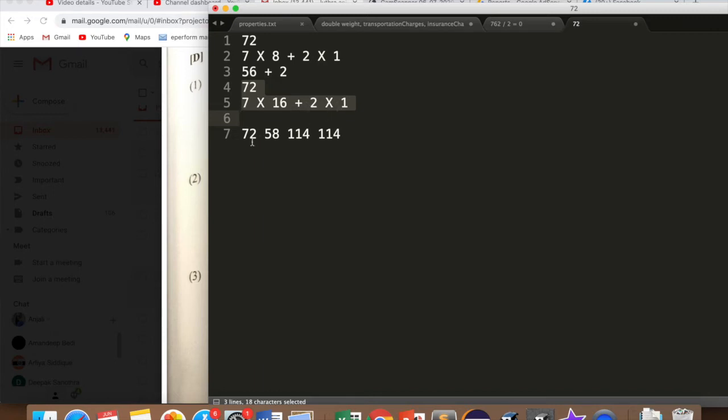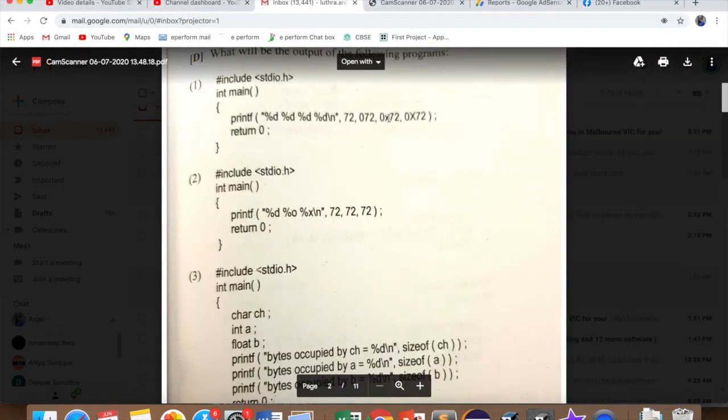So the output you are going to get on the screen is 72, where 72 is printed as a decimal, 58 when 72 is converted from octal, 114 when 72 is converted from hexadecimal, and 114 again because we had 0x72 and 0X72 again with small and capital X, but both of them denote hexadecimal numbers.